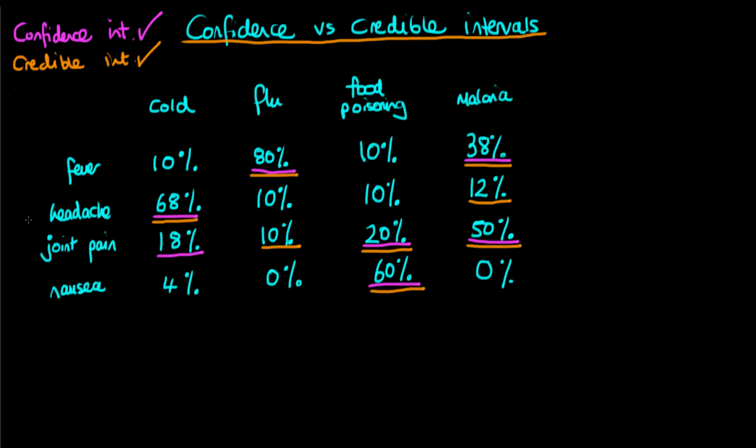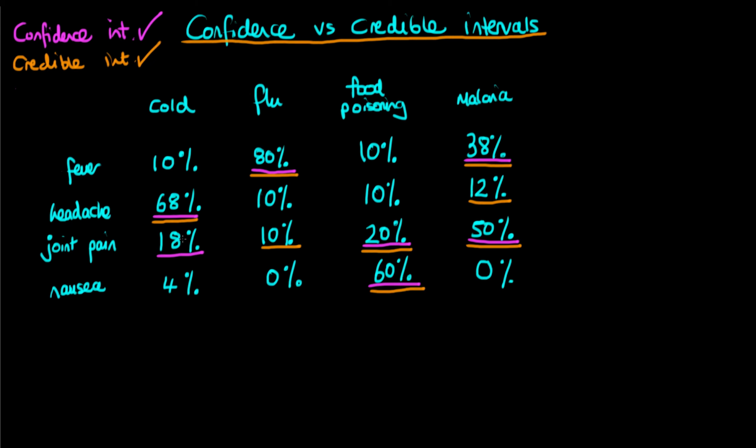For the case where individuals present with headaches, we see that the confidence interval just says that that individual has a cold, whereas the credible interval says that they could have a cold or they could have malaria. For individuals who present with joint pain, we see that both credible and confidence intervals say that those individuals could have food poisoning or malaria, but they differ in terms of what the other condition is.